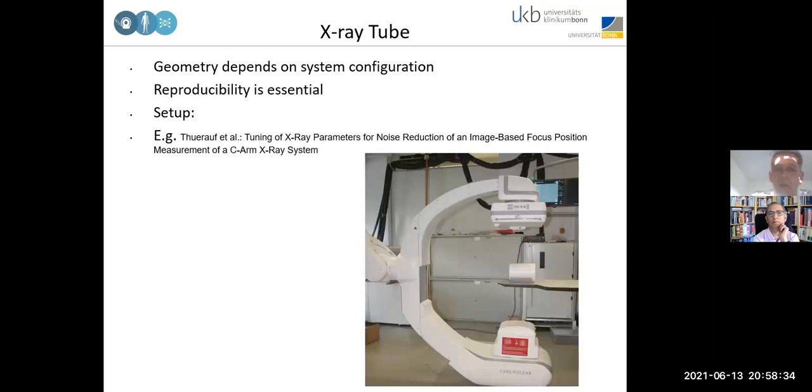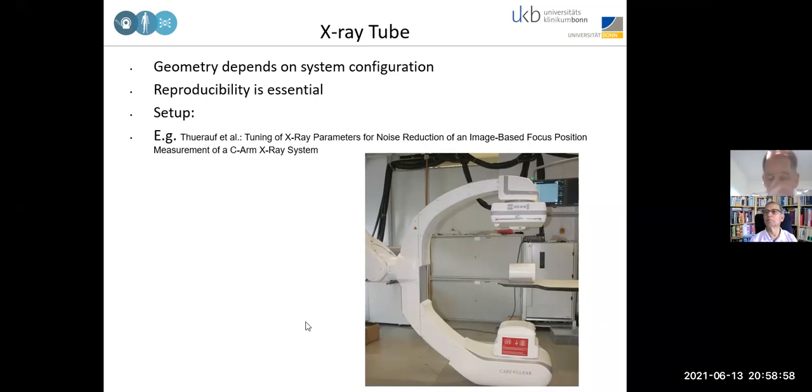So the first part in your chain is the X-ray tube, and for the X-ray tube, you have to check what the geometry and your system configuration is. Again, there the reproducibility is absolutely essential.